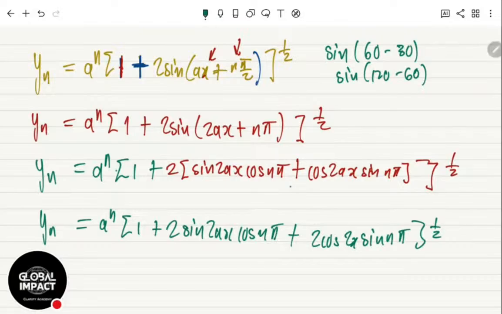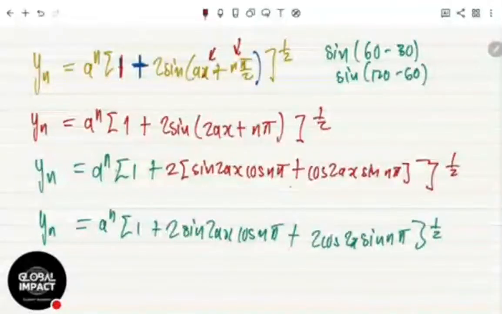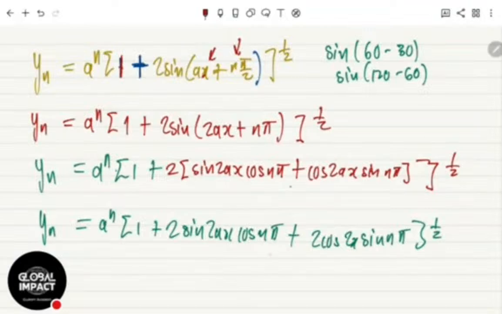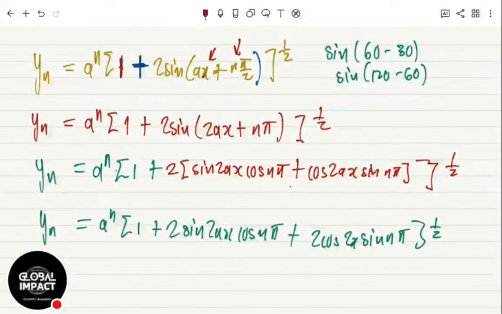Now, what you must know, let's put it now. Sine of any multiple of pi, sine of 180, anytime we add pi, this should give us 0. Any whole number for pi. So here I would get 0. And then cos of pi, you can punch in the calculator to say, what is cos of 180? Let me punch. What is cos of 180? Where's my calculator? Somebody please punch for me. Cos of 180.